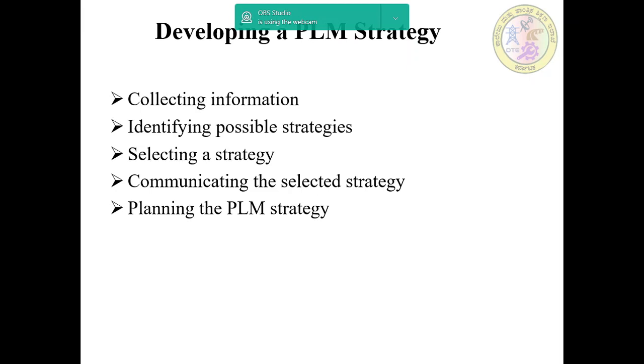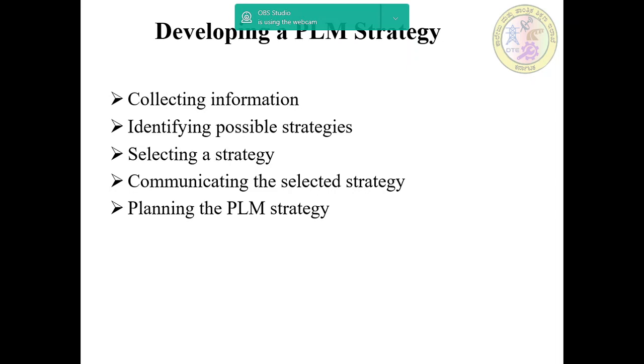in developing a PLM strategy is identifying possible strategies. This is the second step in developing a PLM strategy. Several potential strategies are identified, formulated and described in terms of resources and the organization and policies to be applied to the resources.